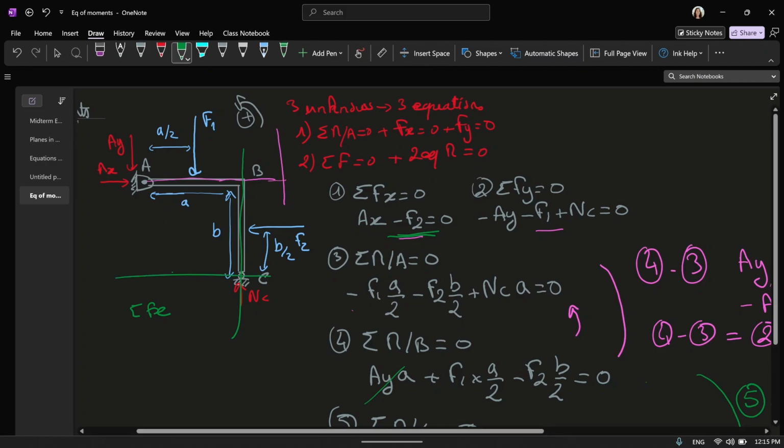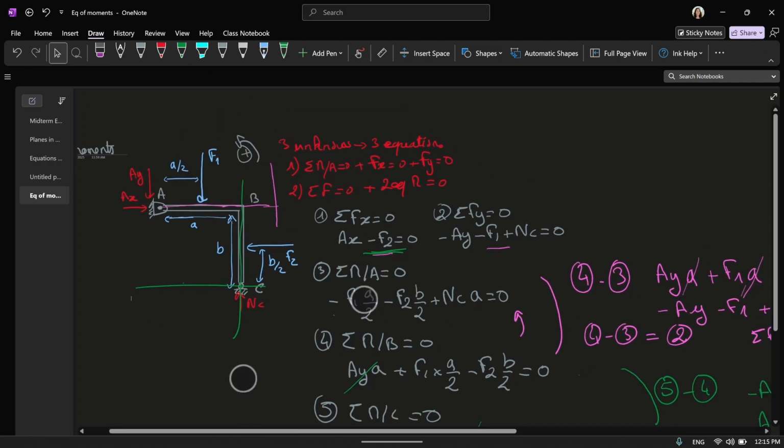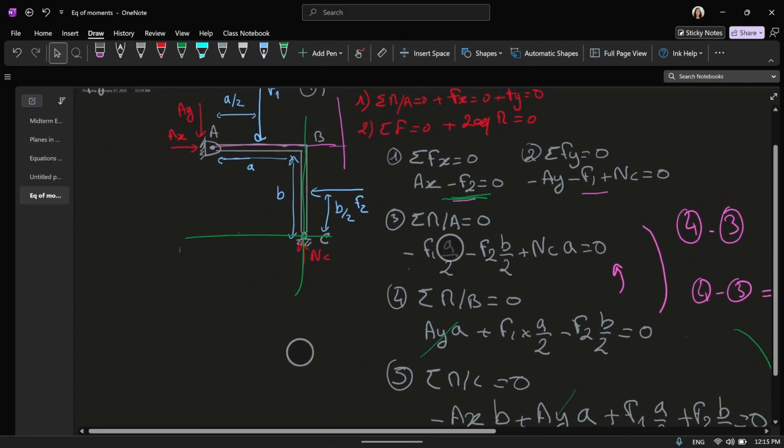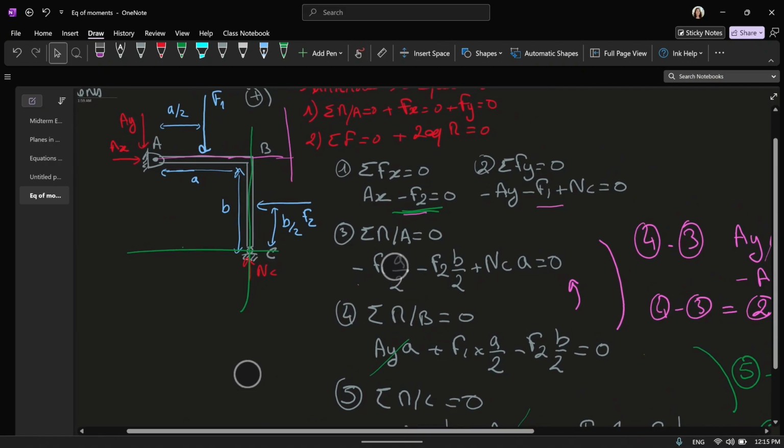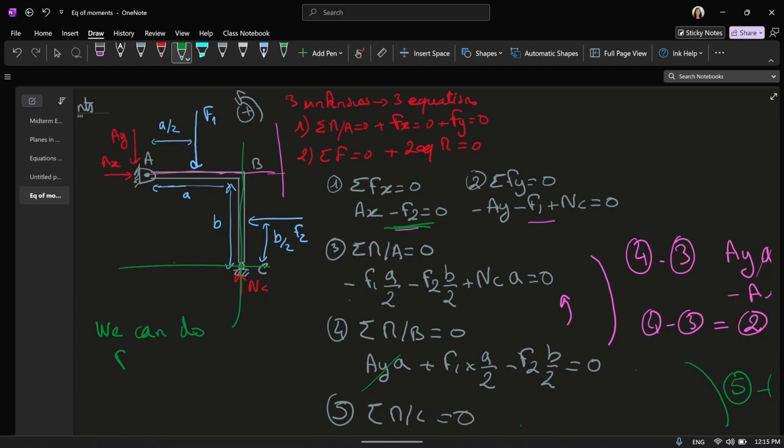So if we do sum of the forces on x, at the end, what we can do, let me write it below that, is force on x plus moment about A plus moment about C, because A and C are not perpendicular to each other.